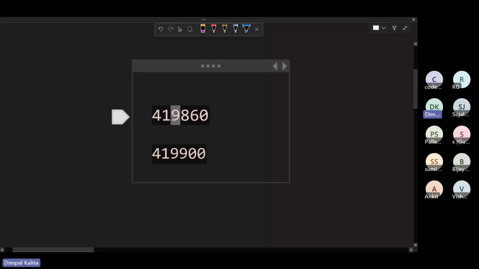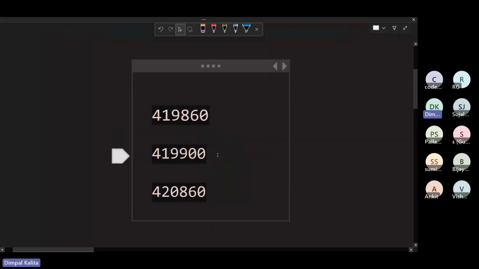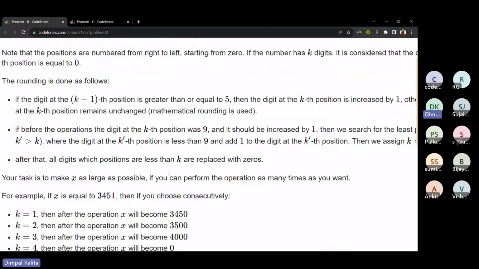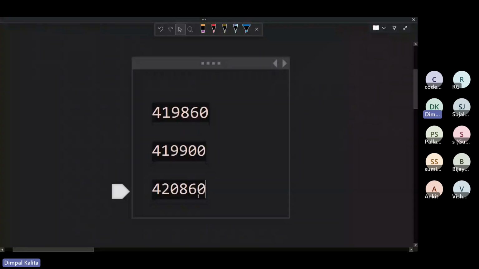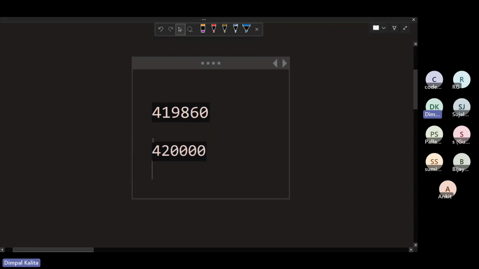If I round up till this position, like 419, I'll round up this one. So 419 will be 420. And what you may think is it will be like 860. You can write this 860, but the question mentions that after rounding up you cannot write it like 860, you have to write 000. That means at the index where you round up, all the indexes before it will be 0. If I round up till here, then this will be 42000.